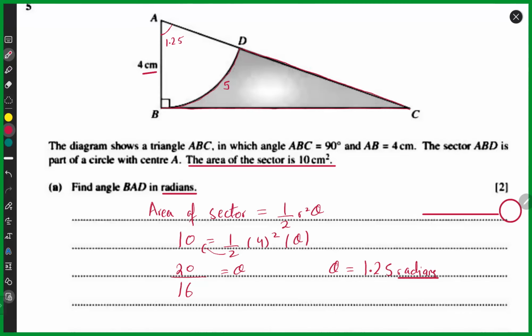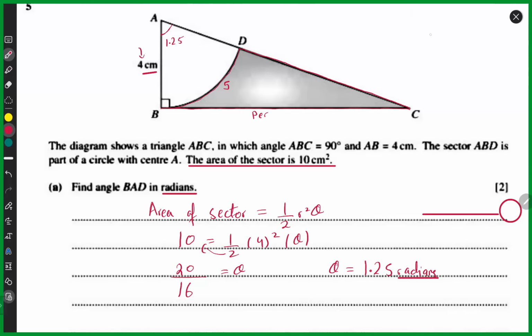So for BC, what I can do is I can see that ABC is a right angle triangle. So I can apply those trigonometric ratios that we used to discuss in O levels. So it is 4 centimeters and 1.25. I have the perpendicular side unknown, and this is basically the base.